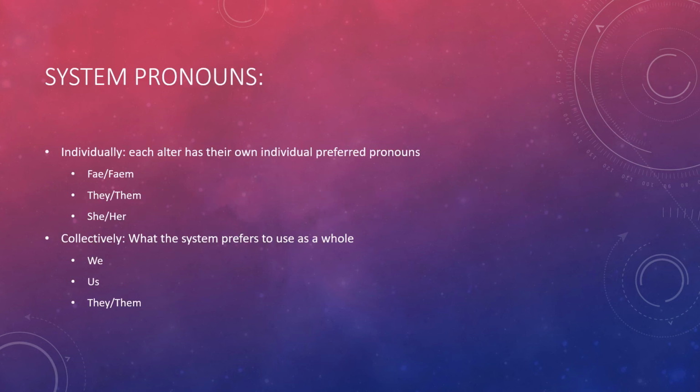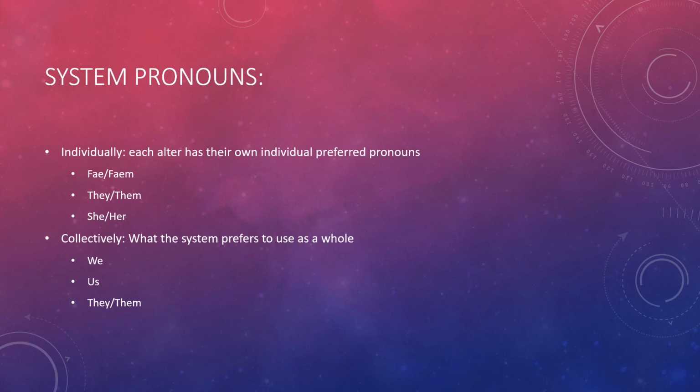Now, when it comes to pronouns, in my experience, alters have their own preferred pronouns. For instance, I prefer they/them, whereas my sister Sam prefers they/them, and the littles in our system prefer she/her, while others haven't made their preferences known.